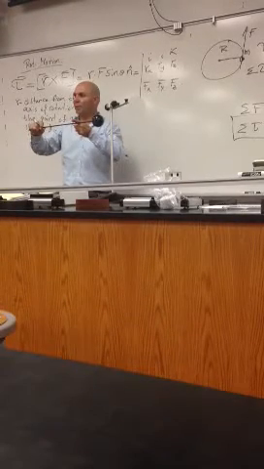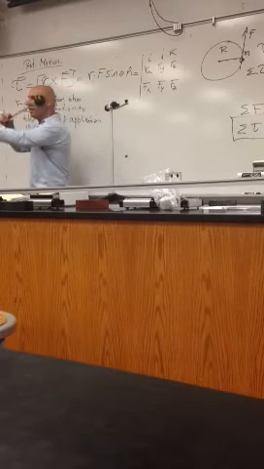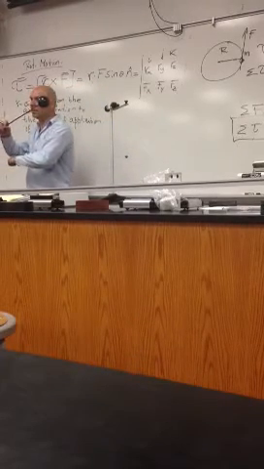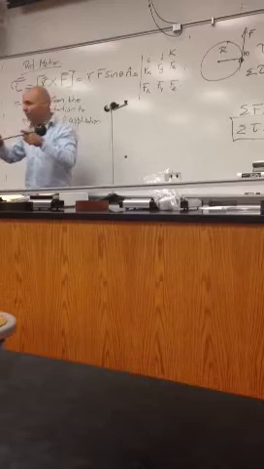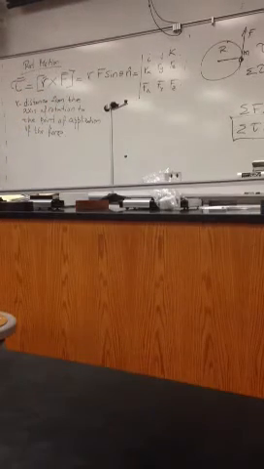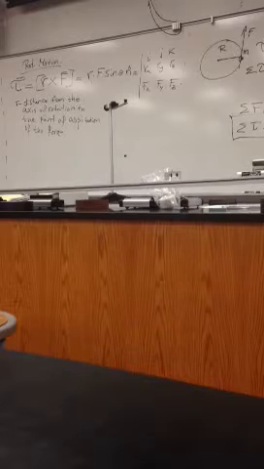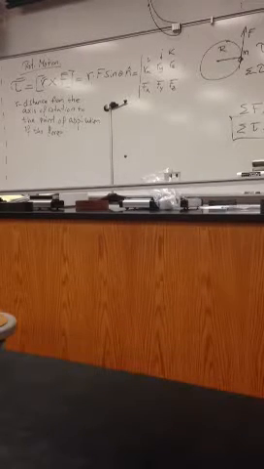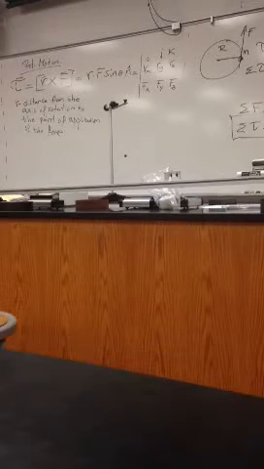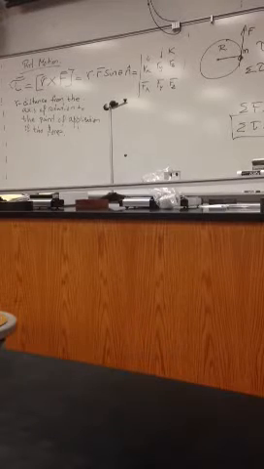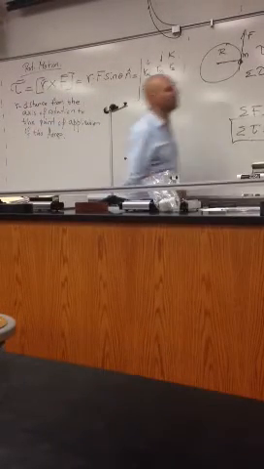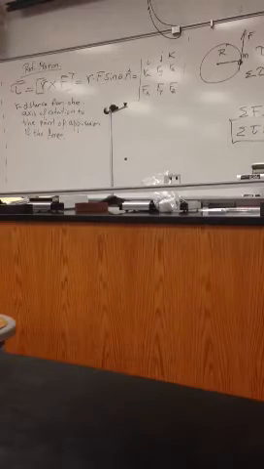Assuming that this is X, this is Y, and this is Z, I put the axis of rotation like this, parallel to which axis? To Y. So I will put I with respect to Y. Find I with respect to Y.